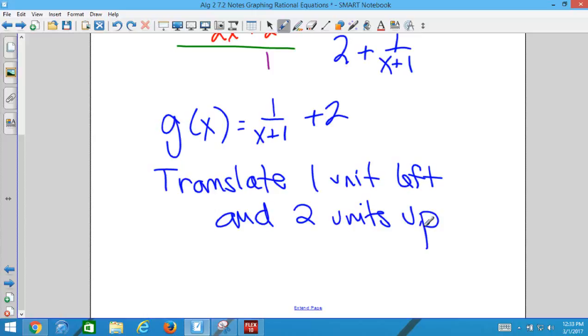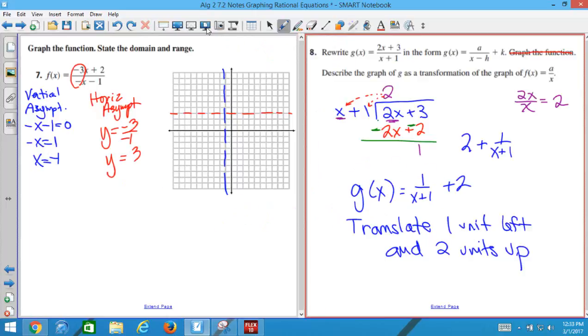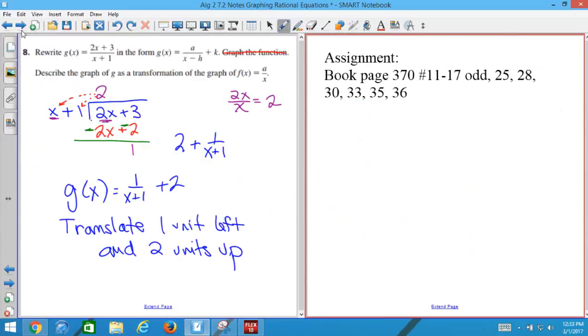You're putting up the answers? Yeah, totally. Okay, let me see. We need 1, 2, 3, 4, 5, 6, 7, 8. I forget how many graphs we need.